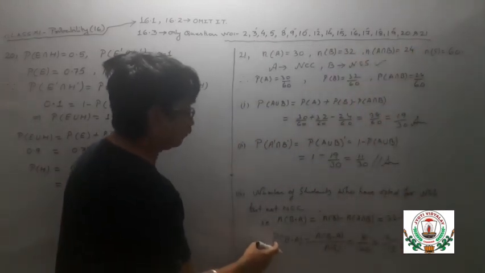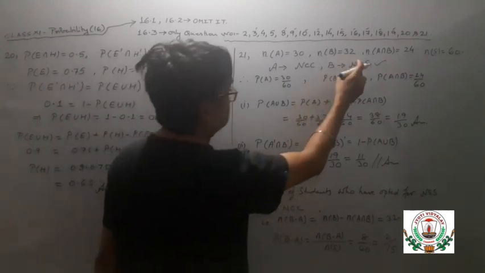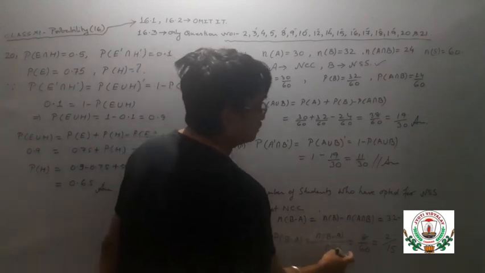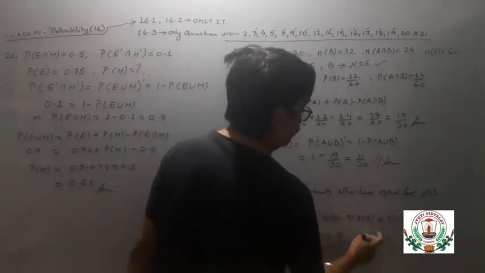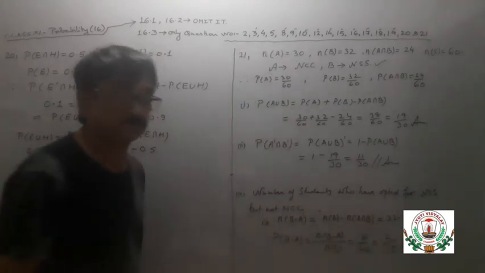So the probability of those students who opted for NSS but not for NCC will be N of B minus A upon N of S, that is 8 by 60. 4 2s are 8, 4 15s are 60, 2 by 15 is your answer.